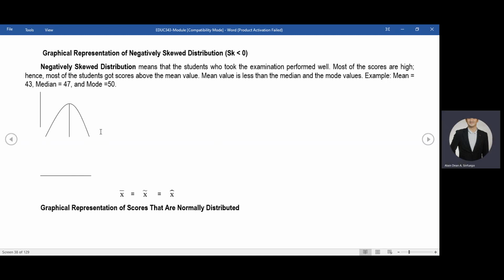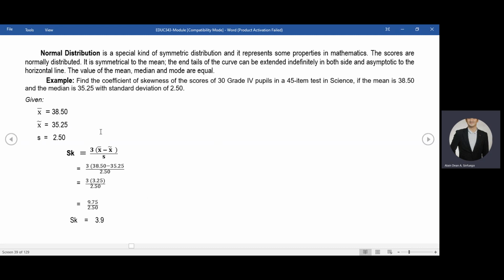And for a normally distributed data set of values, the scores are symmetrical to the mean, which means the left part of the graph will be exactly the same as the right part of the graph, or the bell curve.